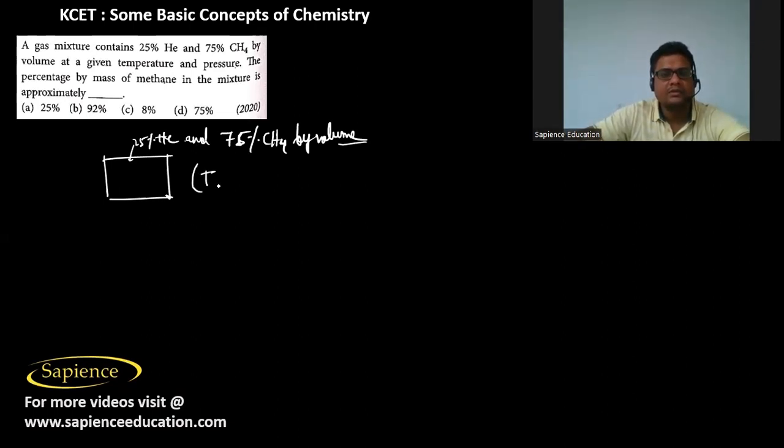So it means the temperature and pressure are kept constant. The percentage by mass of methane in the mixture is approximately. So here, this is the percentage by volume. Then what is the percentage by mass of methane that is being asked?